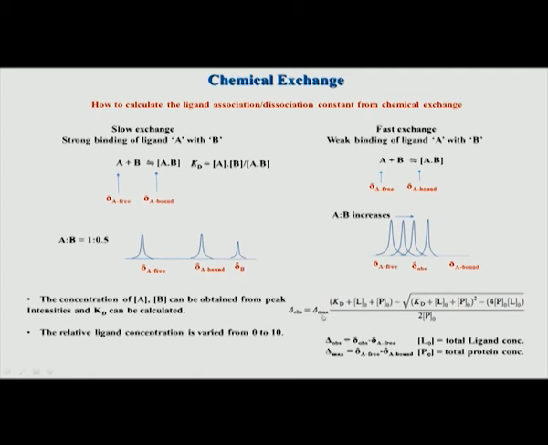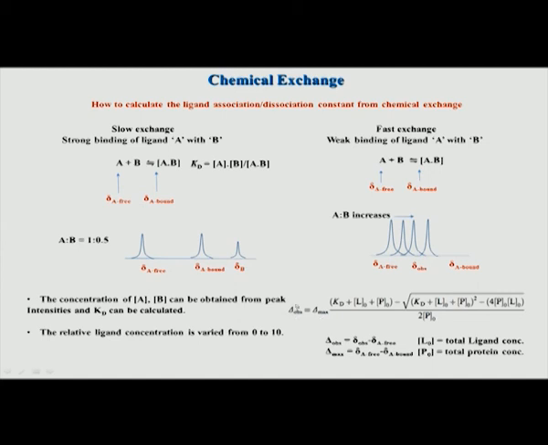Delta max is after adding a large value of B, let us say 10:1. At that point the peak will be completely here because of the population weighted average. So, when it is completely here, this distance from here to here is called the delta max. Why maximum? Because that is a final value. It is the maximum the peak can shift. So, that difference is what is called delta max.